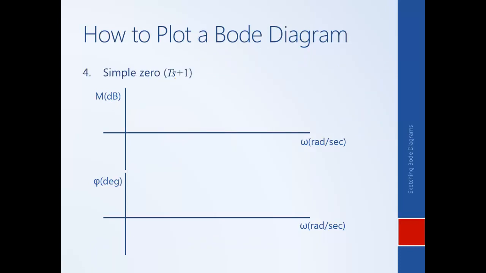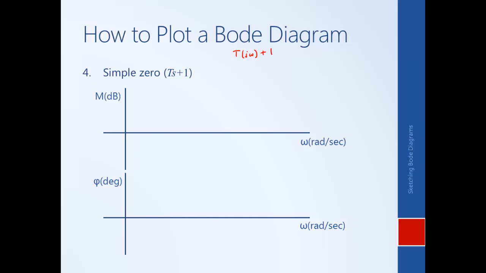Continuing with our process, filling out our library, the next element we're going to consider is a simple zero. In the same manner that we've done, we can substitute j omega for s. We could do this point by point, looking at how this complex number moves in the complex plane as we change omega.